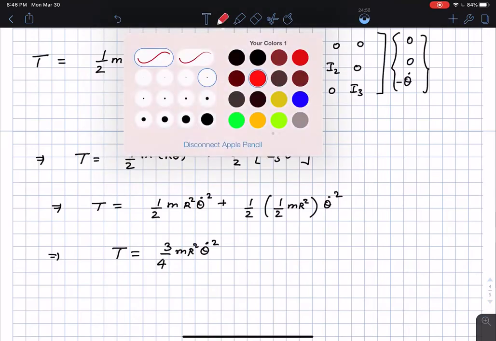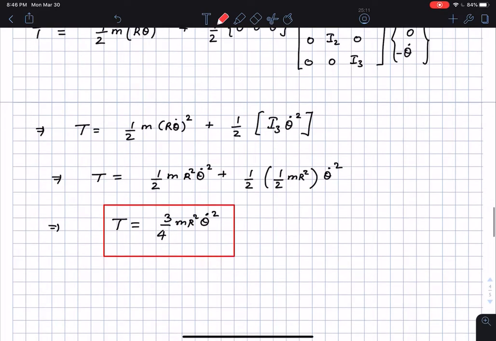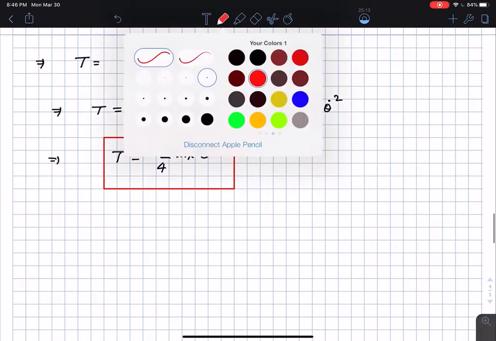I'm pretty sure this is a problem you might have solved in basic undergraduate dynamics using the Newton-Euler equations. This is just a different way of looking at the same result.